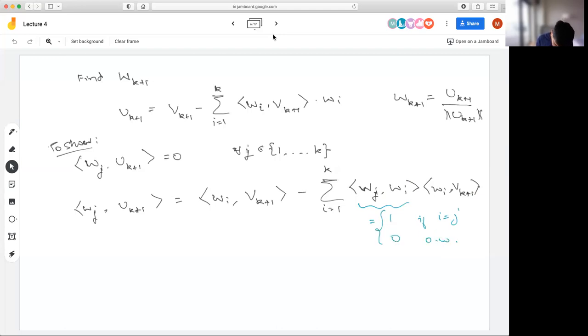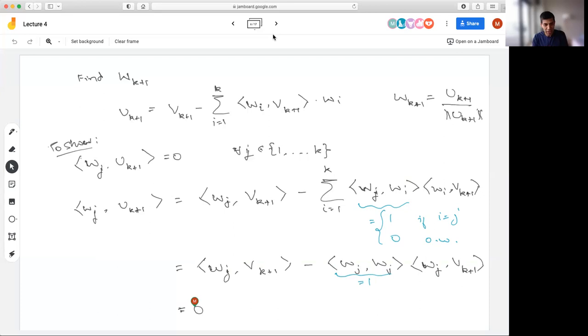So there is only one of these terms that survives, which is when j is equal to i. Oh, sorry, this was j. Because j is equal to i I can write this. And this is equal to 1, so the whole thing is 0. And I claim that I'm done now.